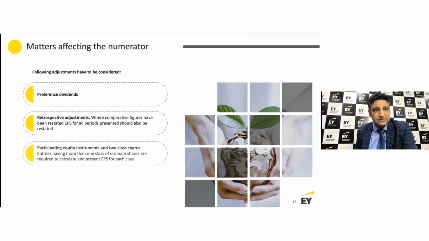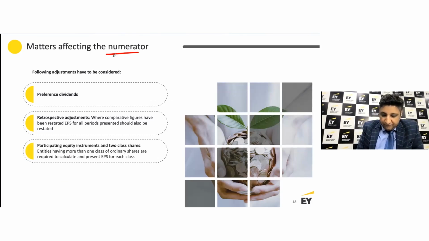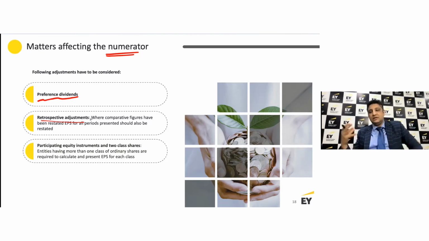Okay, as we said before, your profitability is clearly impacted by, let's say, the preference dividends itself, right? Also, importantly, we have discussed, in case there is a change in your previous year's financial statements, maybe because of a change in accounting policy, maybe because of some rectification of error, so for any reasons where the comparative figures have been restated, even the EPS for all those periods should be restated.